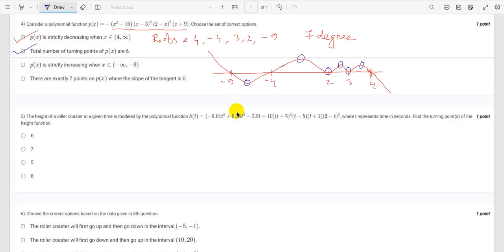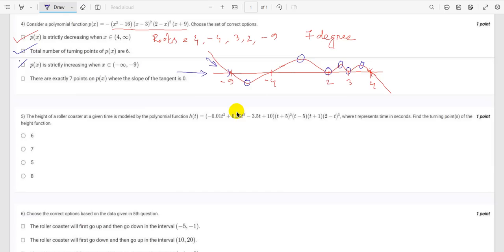Next option: p(x) is strictly increasing when x belongs to (-infinity, -9). In this interval, the graph is decreasing, not increasing.